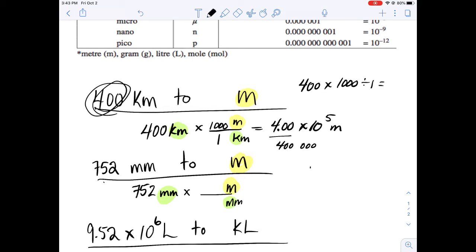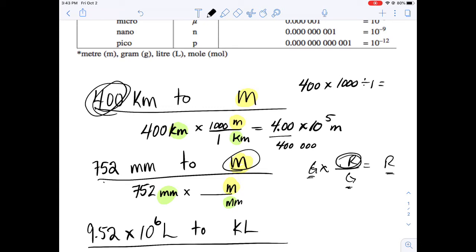Sometimes people say: given times a fraction with given on the bottom and required on the top gives you required. In this question, millimeters is what I was given, so it goes in the denominator. I'm required to get meters, so I put meters in the numerator.